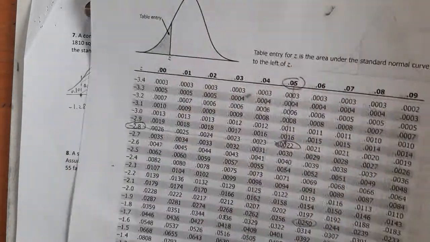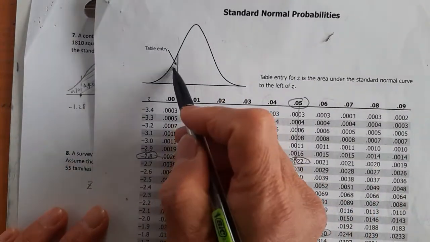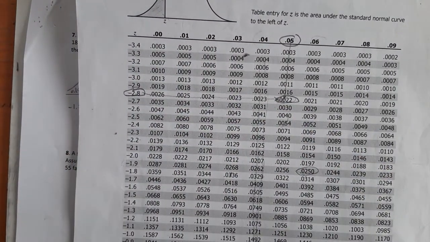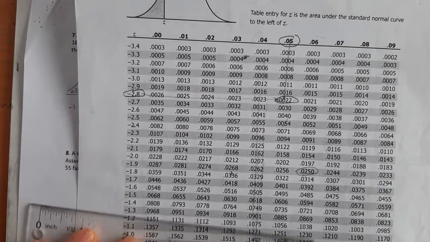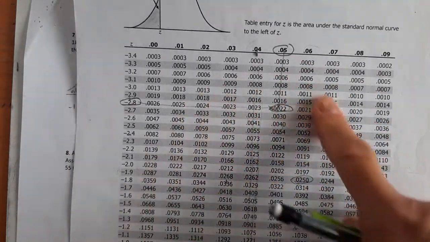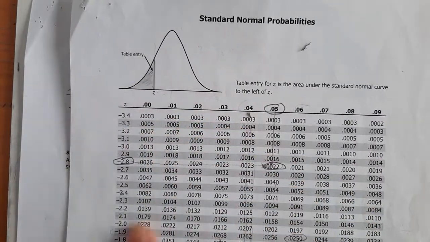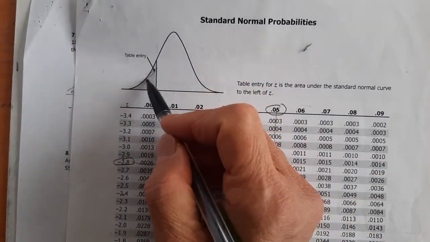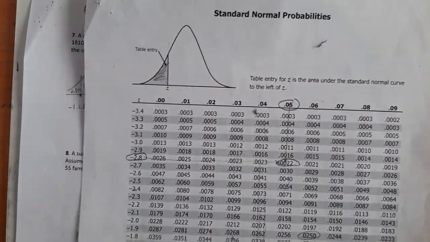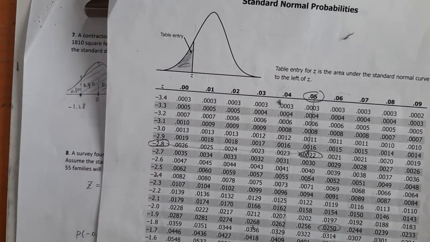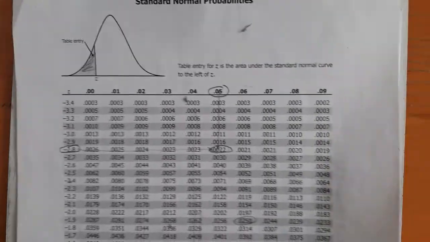The area needs to be 0.10. The body of the table is the probability area. Now we're looking for 0.10 in the body.